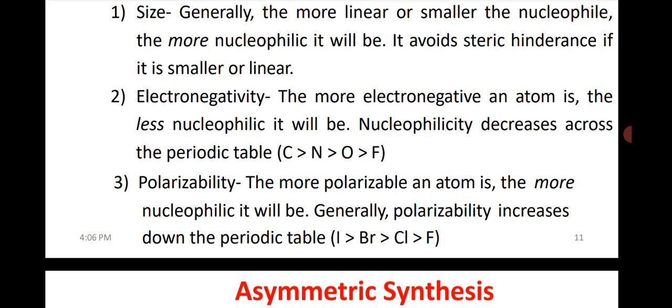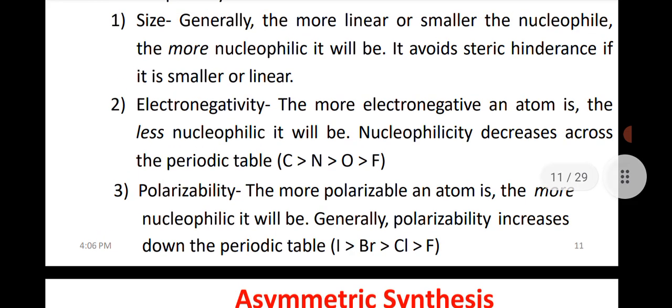Why does it have high polarity? Because of its large size, it can be easily polarized. If a substance is easily polarized, it has a large size, so it can easily stabilize itself. That is I negative. So iodine is the best nucleophile as well as the best leaving group.